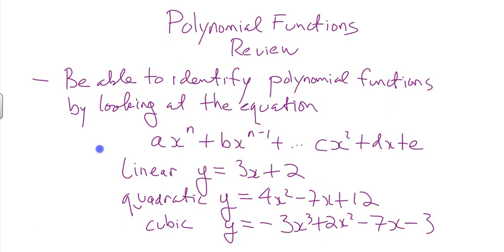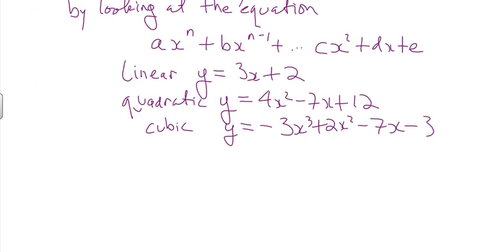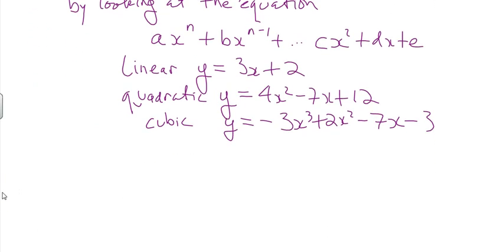And at least as far as knowing the characteristics of them, we need to know the characteristics of a linear and of a quadratic and a cubic, right? And characteristics are such things as what? Name some characteristics. We have numbers.